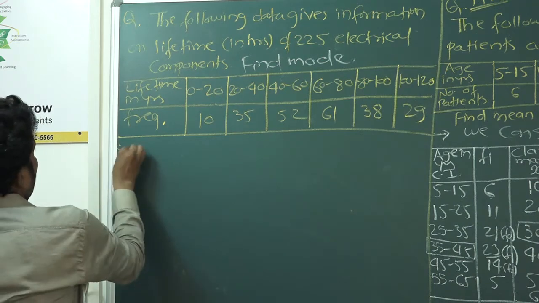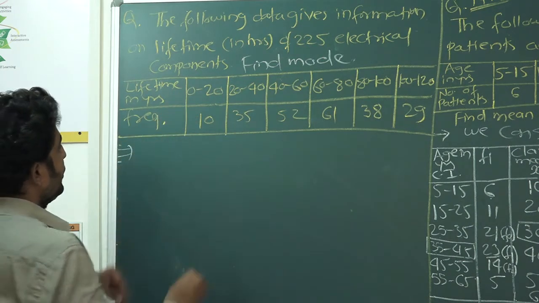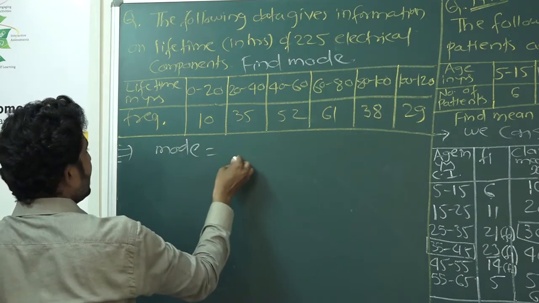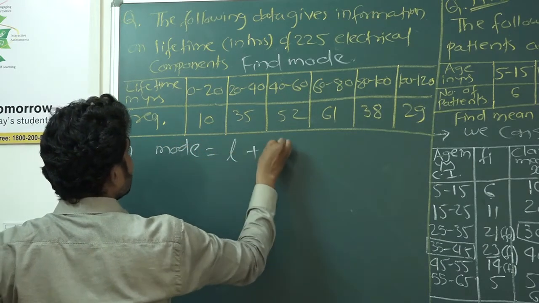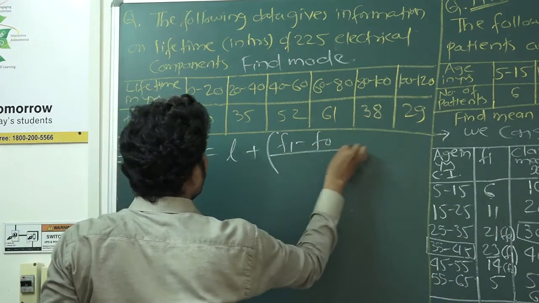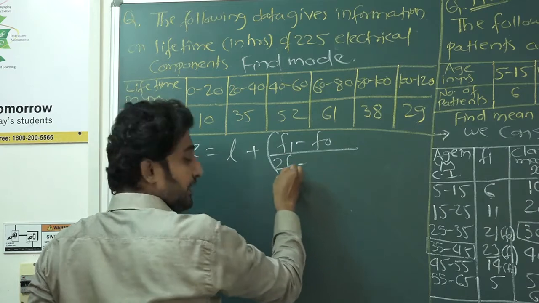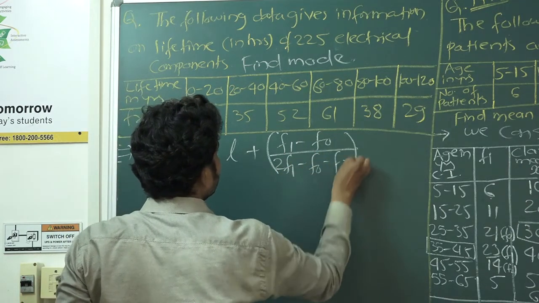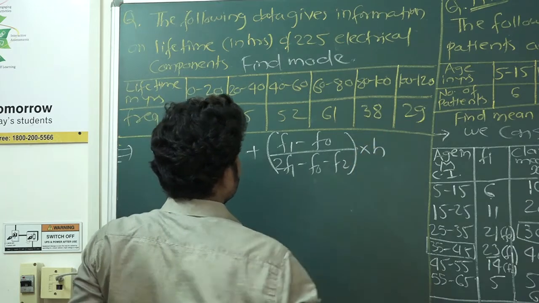Now we know the formula. Mode is given by L plus F1 minus F0 upon 2 into F1 minus F0 minus F2, into H.